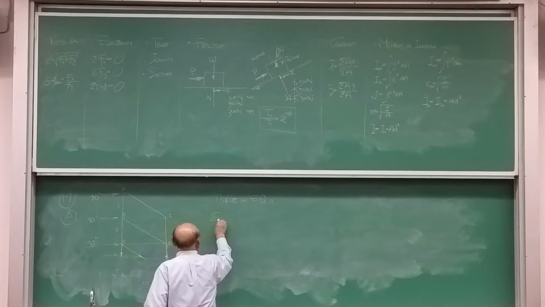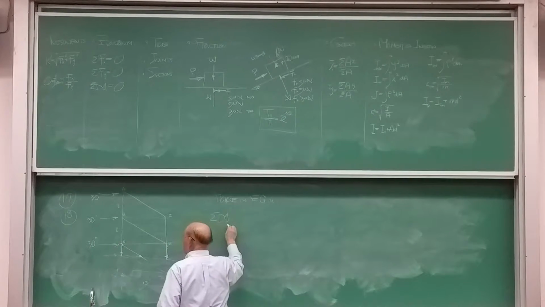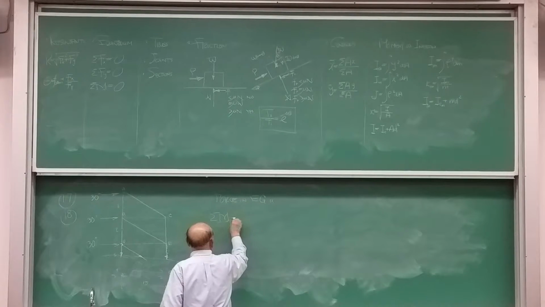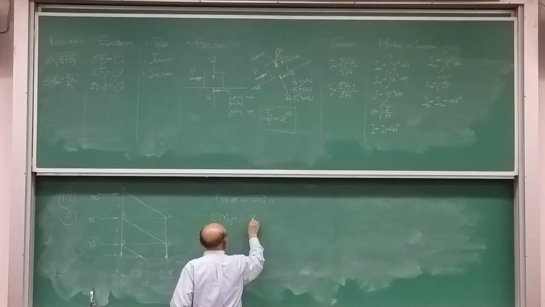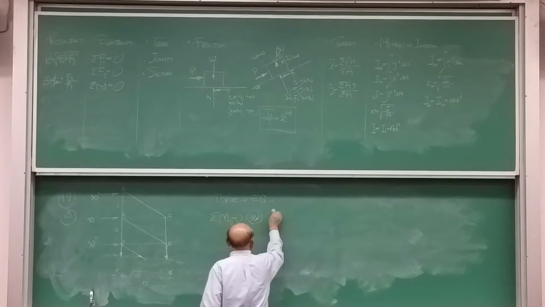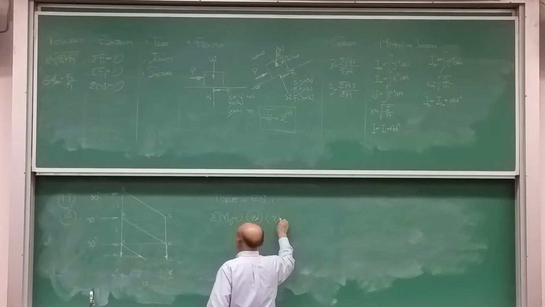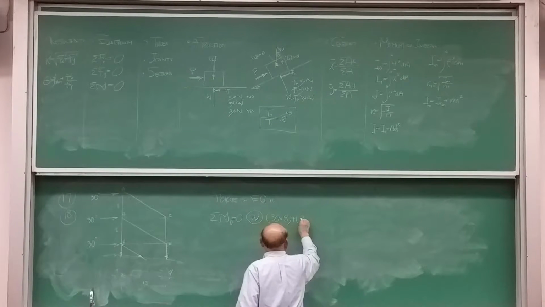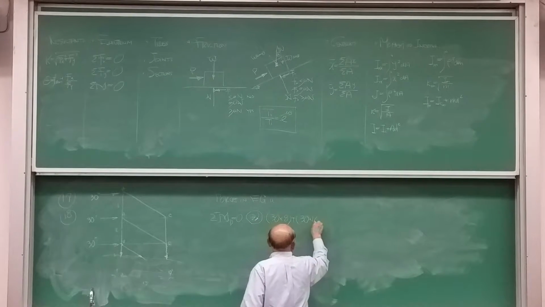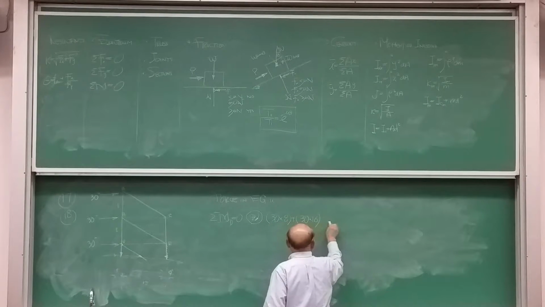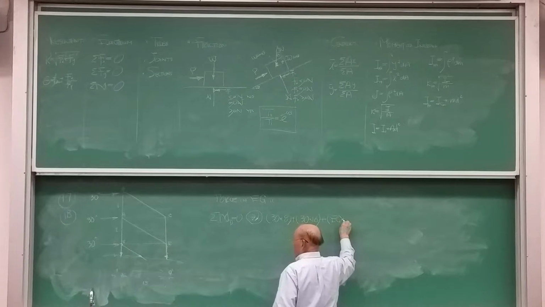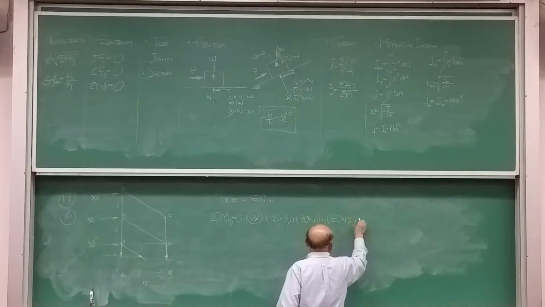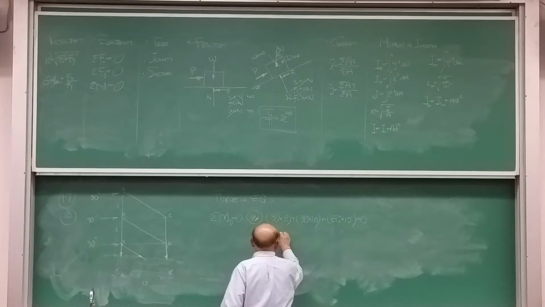So the best way to do it is moment about D is equal to 0. 30 times 8, 30 times 16 plus EG times 15 is equal to 0.